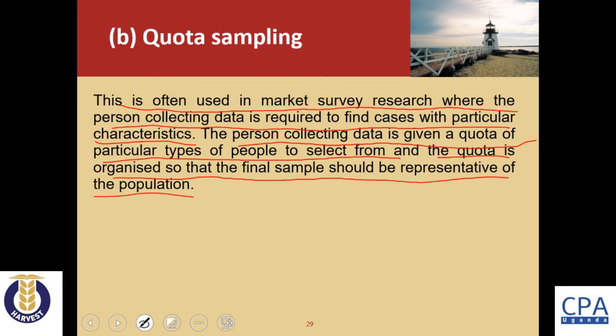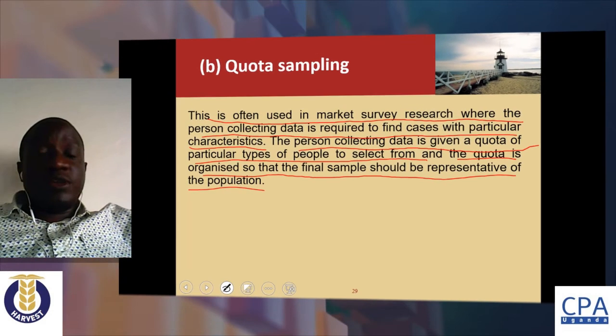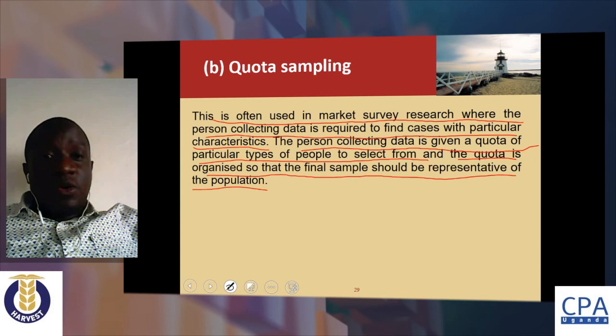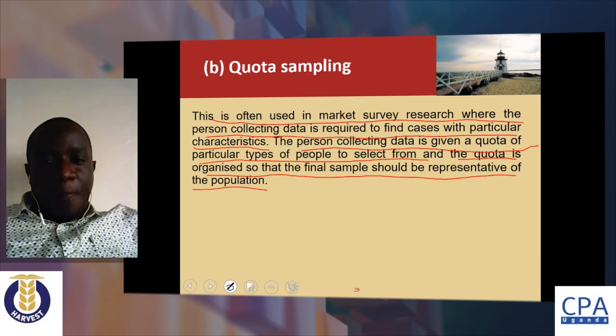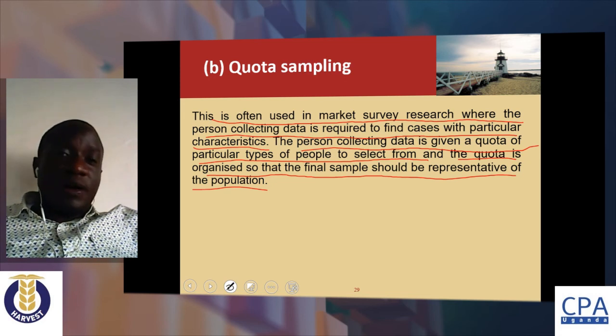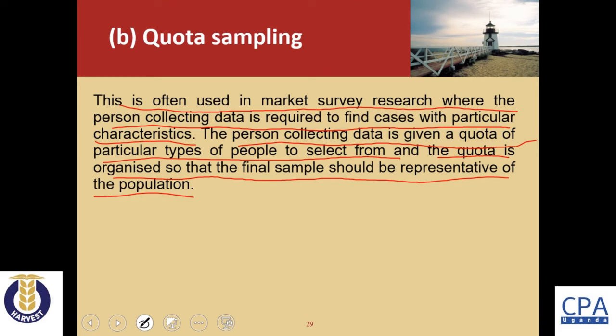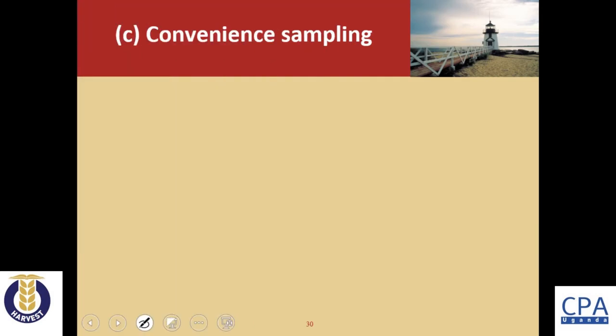Like in market research, if you're doing research on people taking cigarettes or taking alcohol, you will have to basically get that quota, okay? They'll get people who are facing that very particular case. So those will be what we may call quotas. So that as we select from those quotas, we are able to get the sample that represents the population.